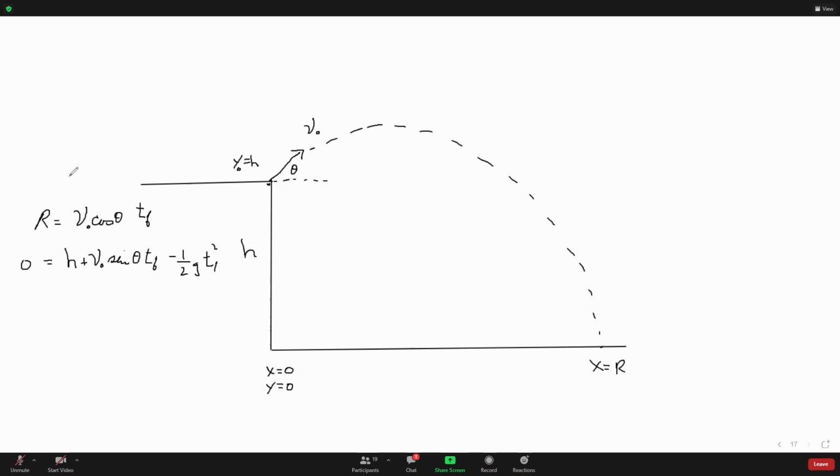Now what I'm going to do is eliminate TF from between these two, and I will get r squared minus 2 v0 squared sine theta cosine theta times r divided by g minus 2h v0 squared cosine squared theta over g equals 0.